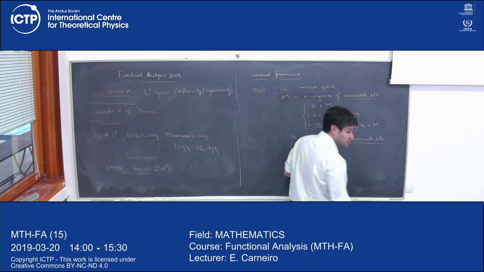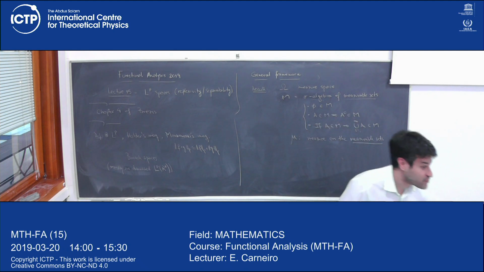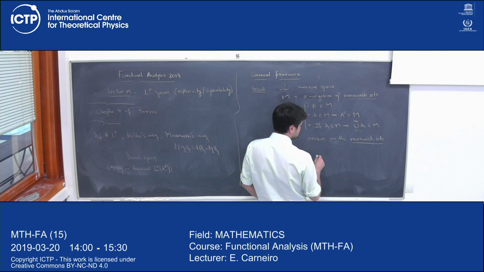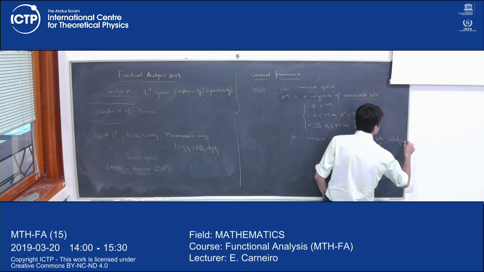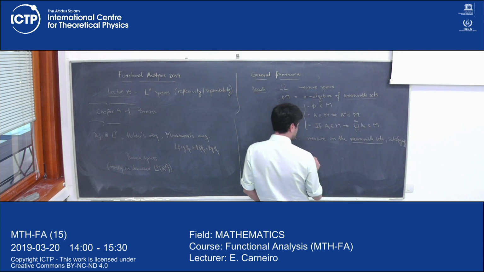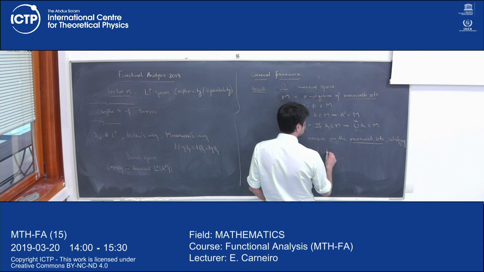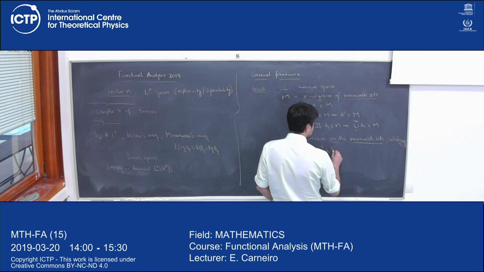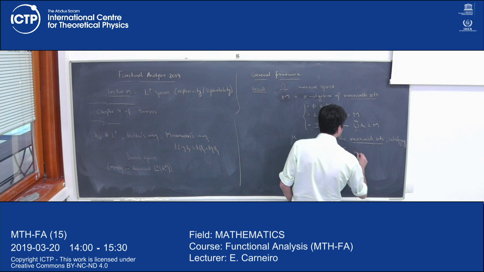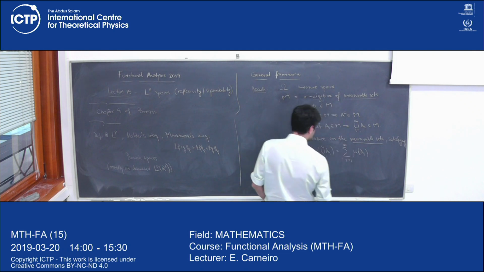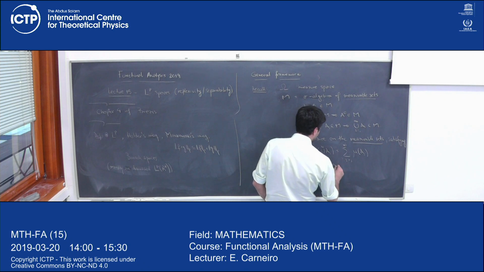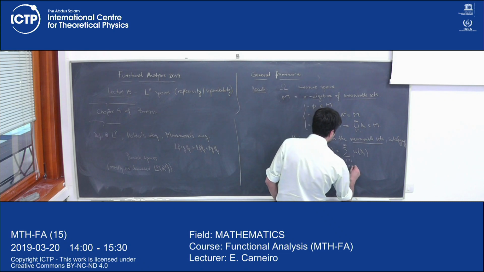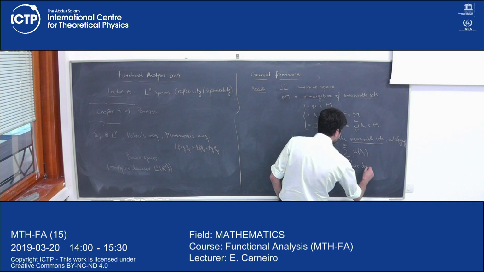We will only measure the measurable sets, satisfying that mu of a countable union of sets A_i is just the sum of mu of A_i, when the A_i are pairwise disjoint.